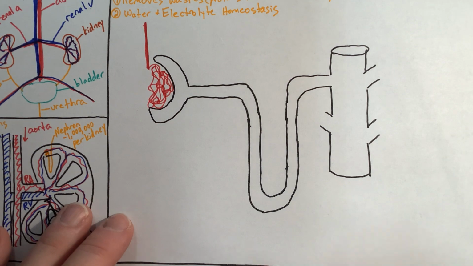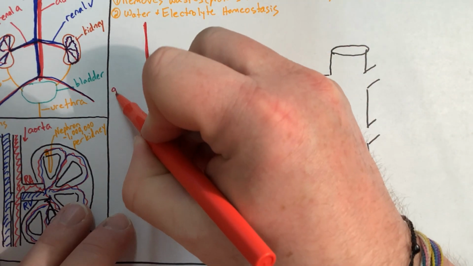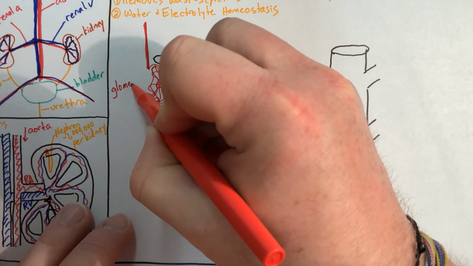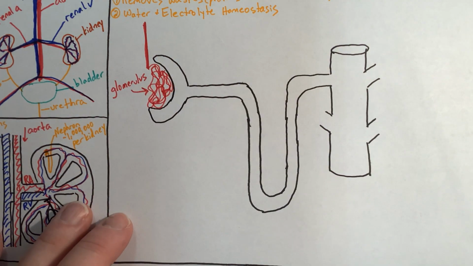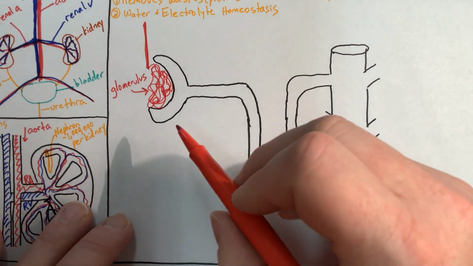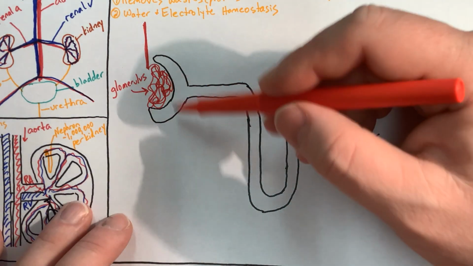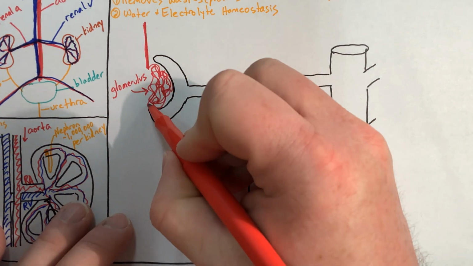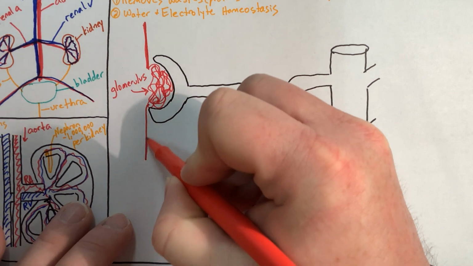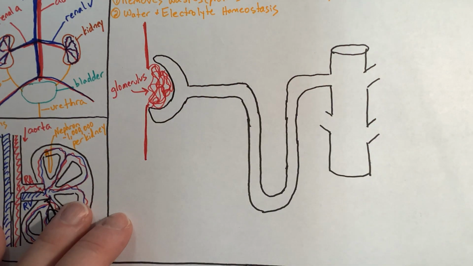This capillary bed is called a glomerulus, and it's from a Latin root that means ball of yarn, and hopefully you can see how it gets that name. And it's really nice to have all of these capillaries here to increase that surface area and the chance for filtering blood out into the kidneys, into a nephron.